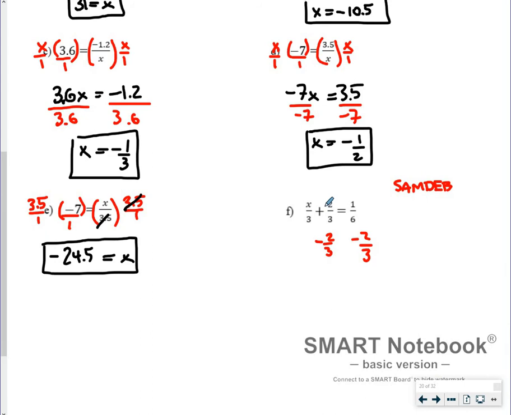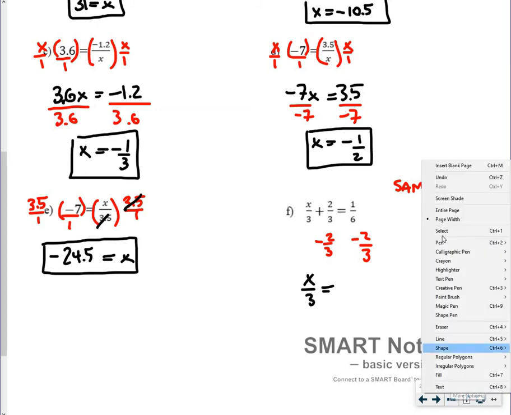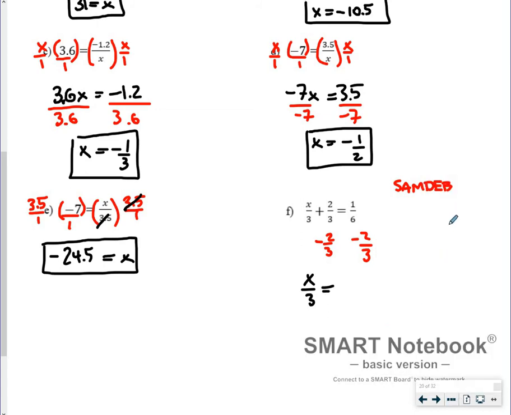Simple enough. On the left, 2/3 minus itself is 0, so all that remains on the left is x over 3. And we get to do a little bit of fraction operation on the right side. So we have 1/6 minus 2/3. I need to have the denominator to be the same before I can add these. So the lowest common multiple of 6 and 3 is 6. So I can keep 1/6 the same, and I can change 2/3 into an equivalent fraction over 6.